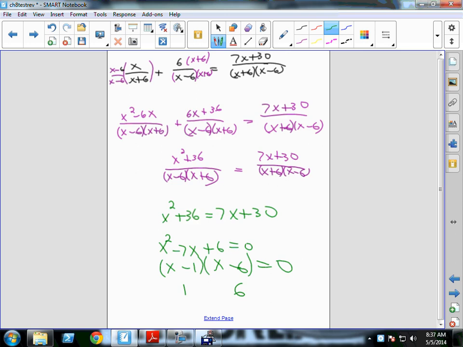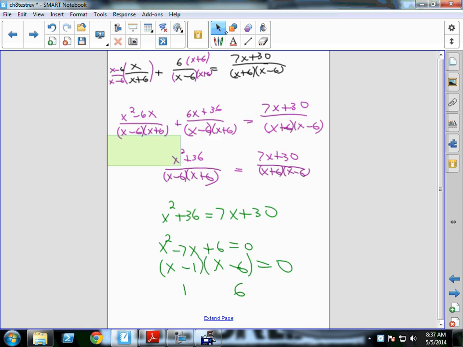So what I wanted to do right from the beginning is take these two fractions and make them 1. If I look over here, my denominator is x plus 6 and x minus 6. So the fraction over here, I multiply by x minus 6 over x minus 6 to get the common denominator, and I multiply this by x plus 6 over x plus 6.